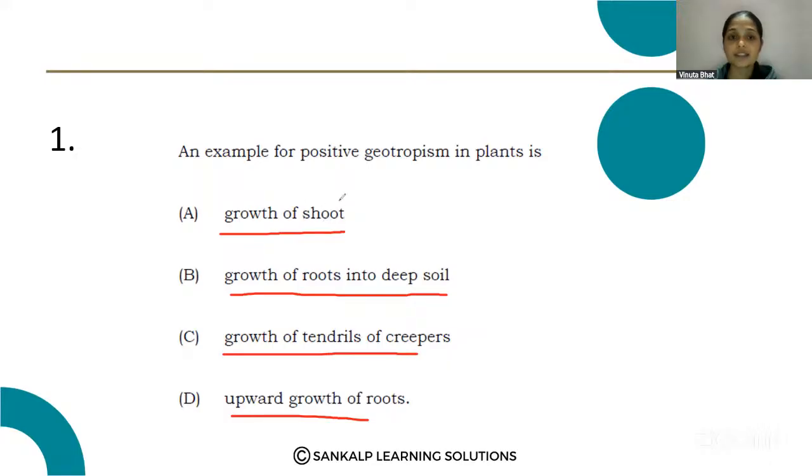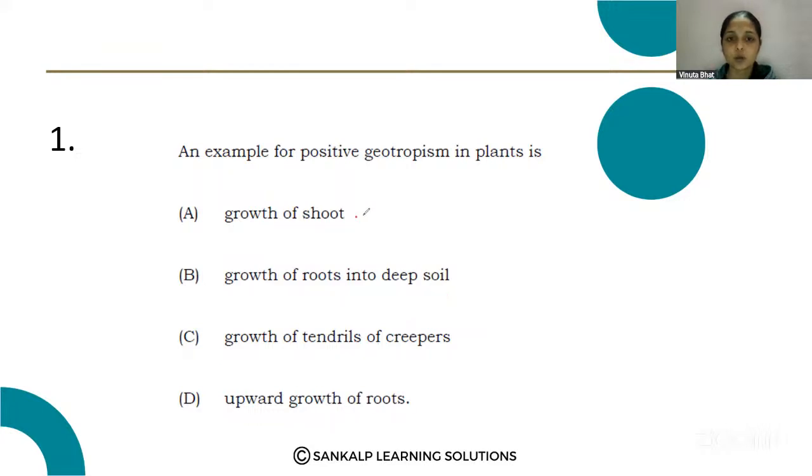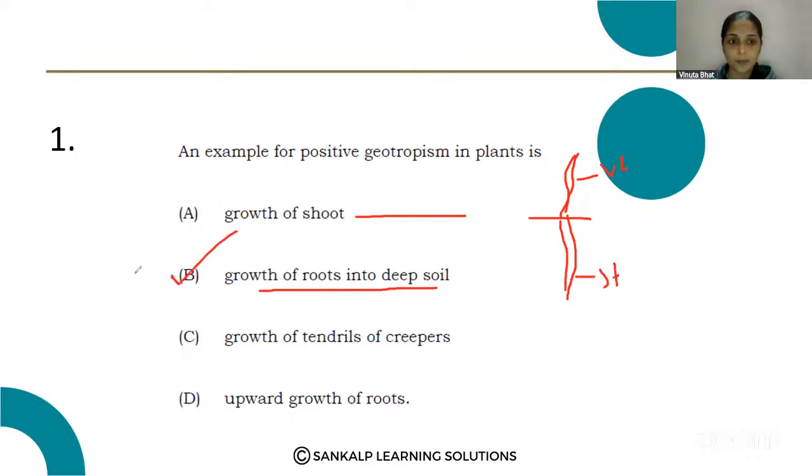Which one is the example for positive geotropism? Growth of the shoot is negative geotropism, and growth of roots into the deep soil, the root that is growing towards the soil, is positive geotropism. So option B is the correct answer.